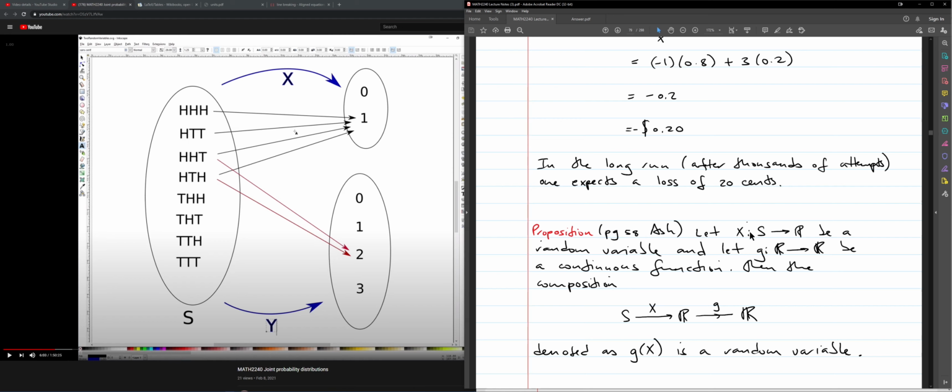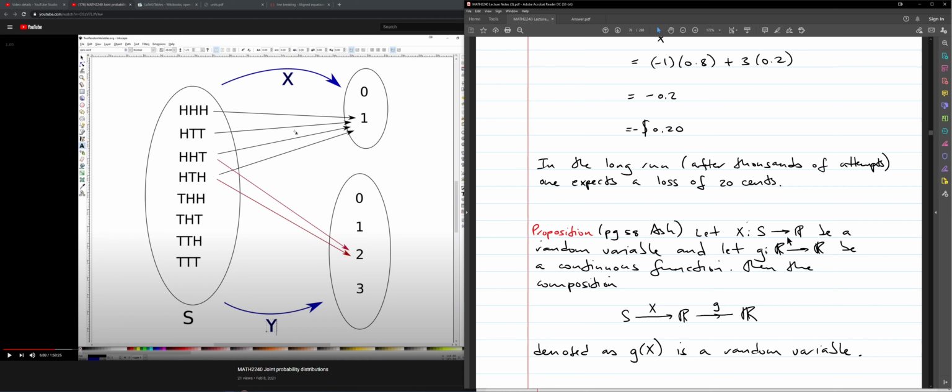This is your S, and this x is a mapping from S to the real numbers. It may not seem like the real numbers, but I have 0 and 1 here to indicate the values of the random variable. This is a map from S to R.